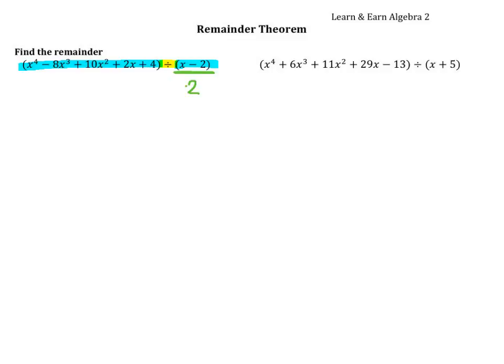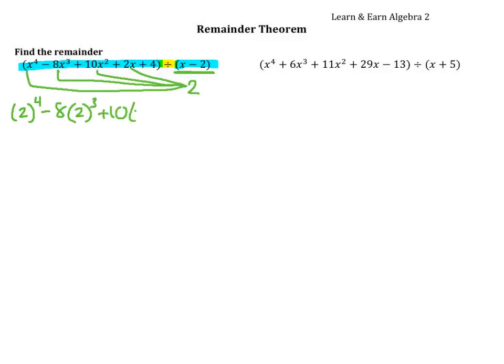Then we are going to plug that in to every x value that you see. So we're going to have 2 to the 4th minus 8 times 2 to the 3rd plus 10 times 2 squared plus 2 times 2 plus 4.